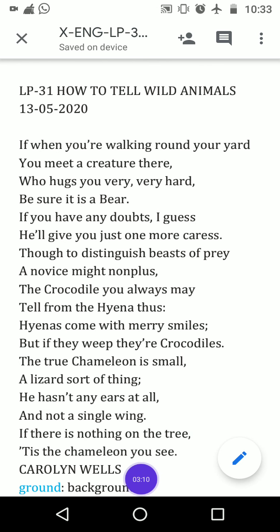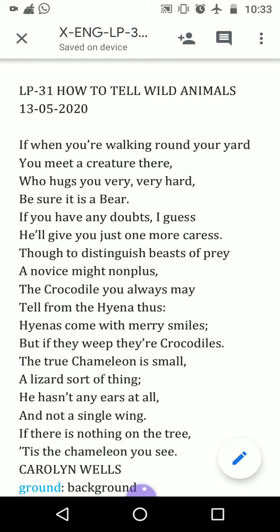So I am reading according to the need of the stanzas, and I will explain what the narrator means. Second stanza: "If when you are walking round your yard, you meet a creature there, who hugs you very, very hard, be sure it is a bear."